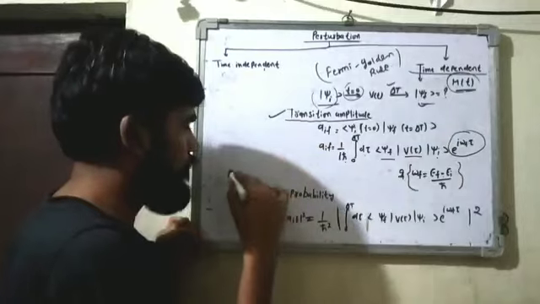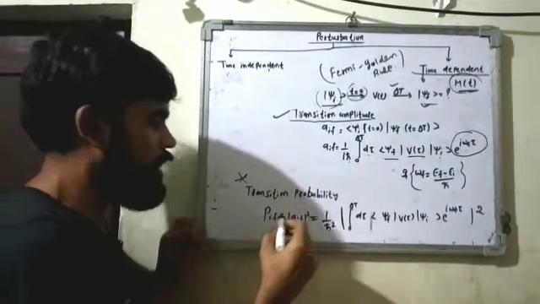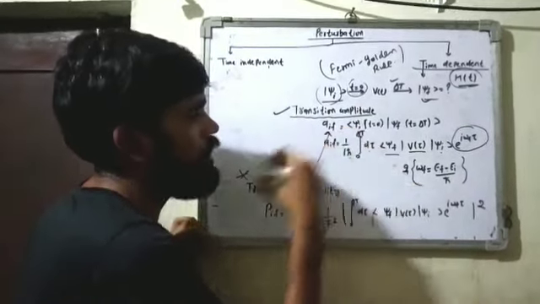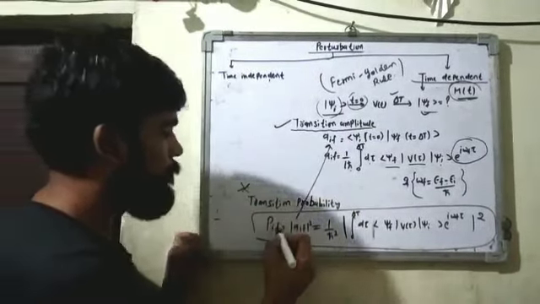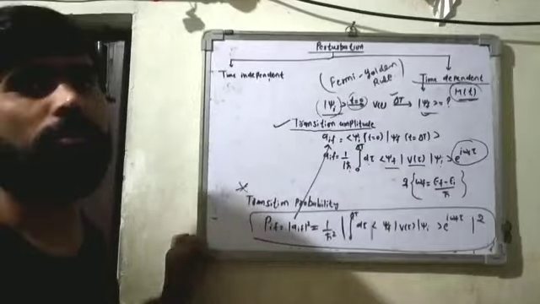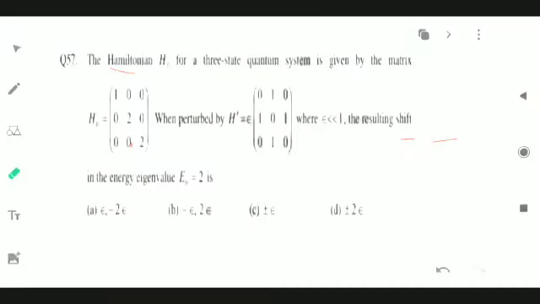And after finding the amplitude, we will find the transition probability, that is the square of the transition amplitude, and we can find the value of transition probability. So now we take an example of perturbation theory.